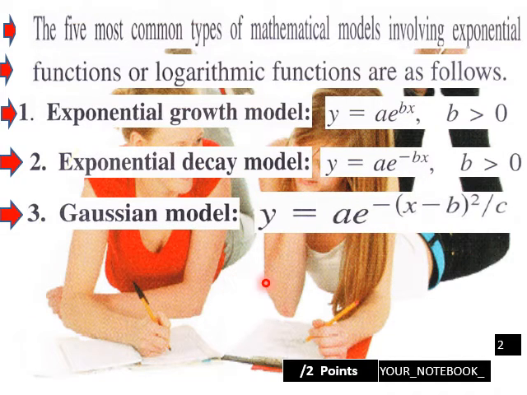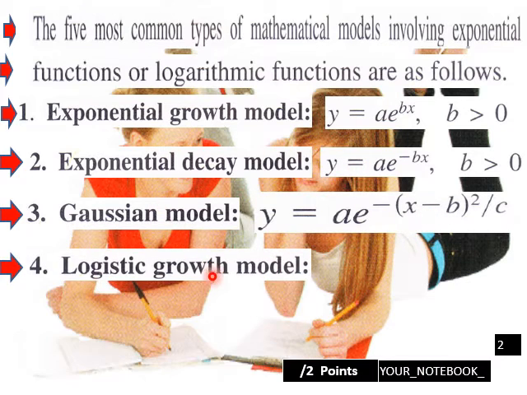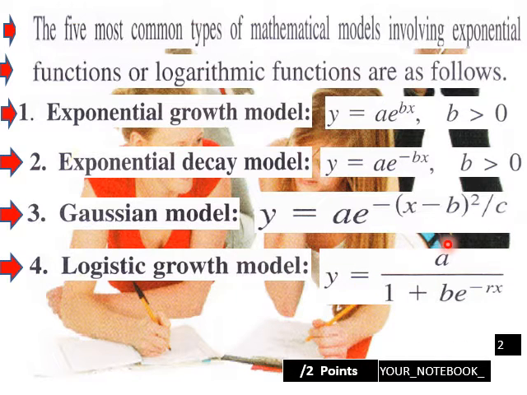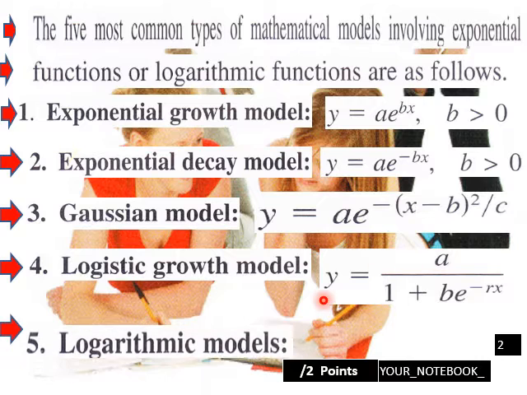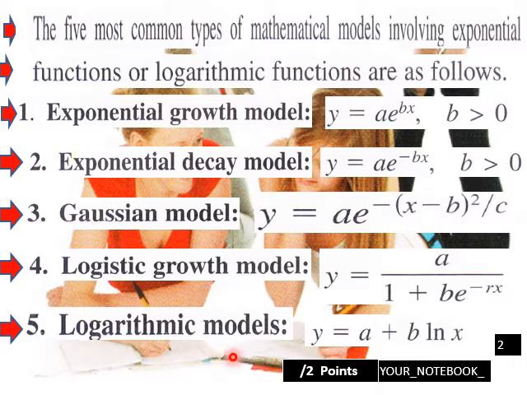And then the Gaussian model is this. So this goes in your notebook, students. Write these formulas down. Number 4, the logistic growth model would be this formula here. And then number 5 would be logarithmic models, a plus b natural log x. So write these down. We'll be using these throughout this course.